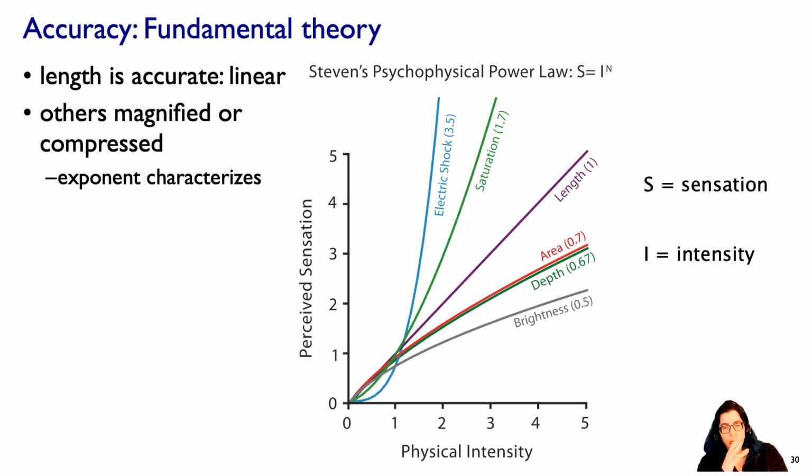So these are really fundamental results from psychophysics. This is not specific to visualization, although we make use of them in visualization. So that's some of the more fundamental theory, and basically how far from the linear case these are is going to determine accuracy.